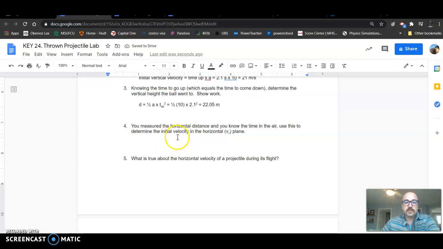So then here we're determining the horizontal distance. We know the time in the air. We want to determine the initial velocity in the horizontal plane. So the horizontal velocity, v sub x. So in doing that, we are just going to take our horizontal distance and we divide that by the time. So it's just distance over time because it's not accelerating.